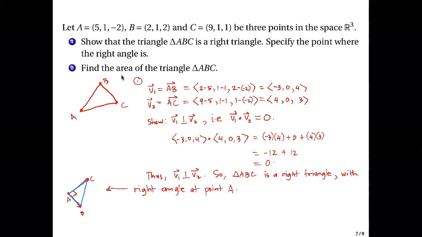For the second problem here, we want to find the area of the triangle. So all we need to do is to find the cross product of these two vectors, and then we get the norm. Correct? That's one way. The second way, you know, this is the base, this is the height. So multiply the length of this by the length of this, and then divide it by 2.